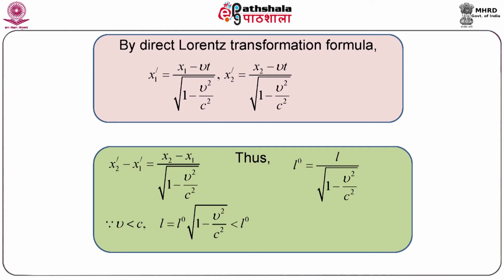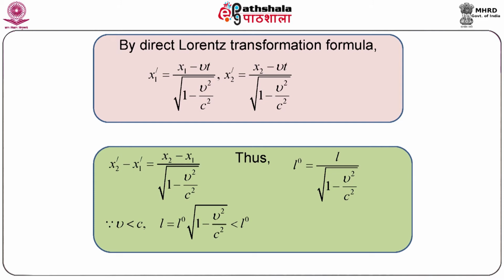Since v less than c, v square by c square decreases. Therefore, 1 minus v square by c square increases. As a result, the product of L0 into square root of 1 minus v square divided by c square also increases. This gives L less than L0.